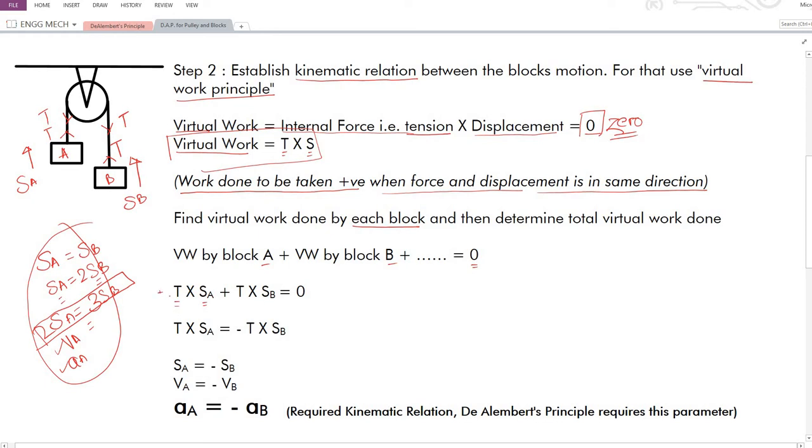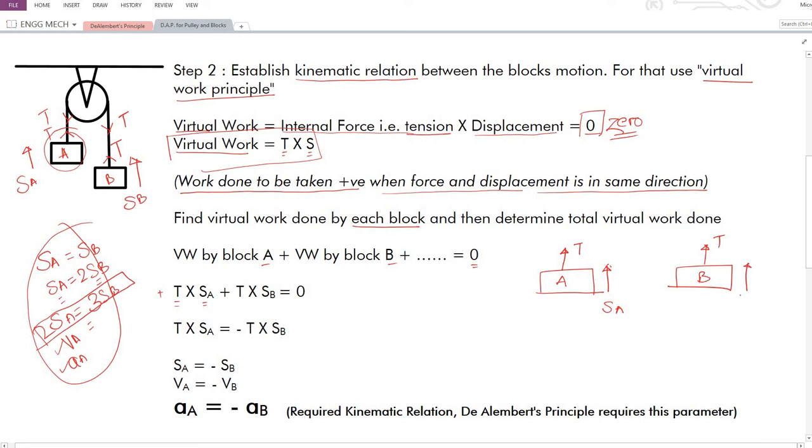Now, how do we take the signs of this work done to be positive? See here, this is block A and let's say this is block B. Now, if you consider this specific thing, then tension is shown like this and tension here is shown like this. And what we had assumed is that the acceleration, velocity and displacement of block A are upward.